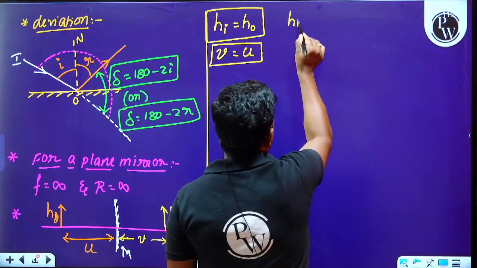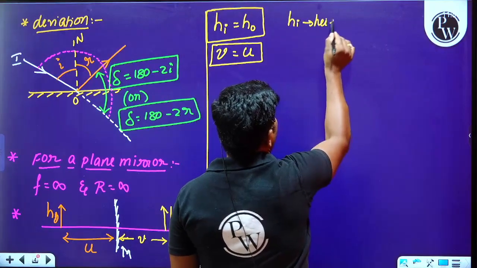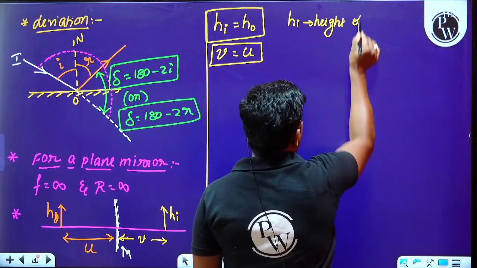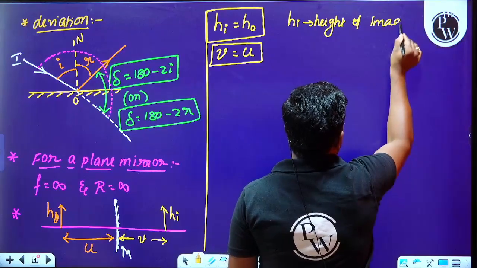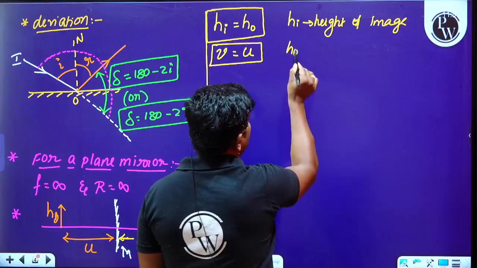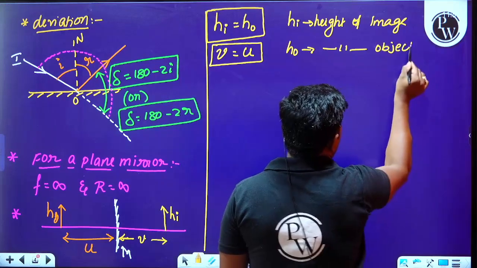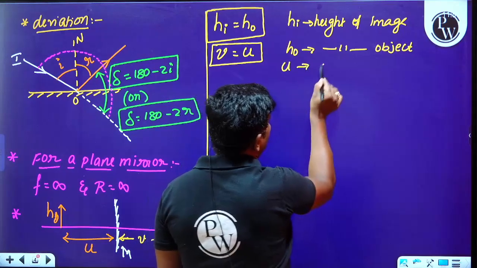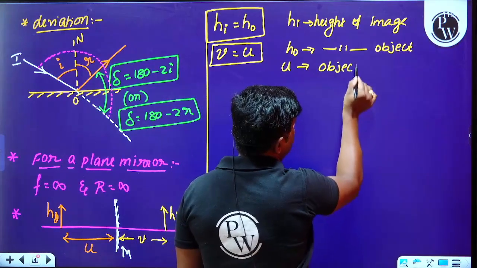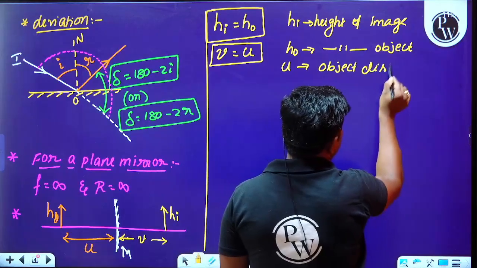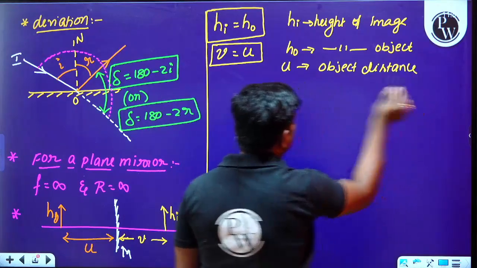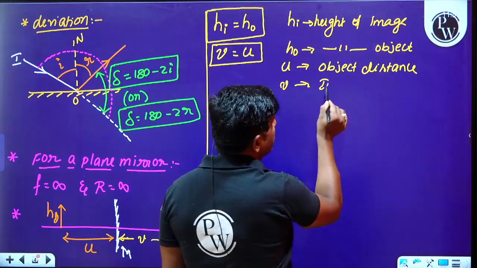What does HI stand for? HI stands for the height of the image, and HO is called the height of the object. u is the object distance, whereas v is the image distance.